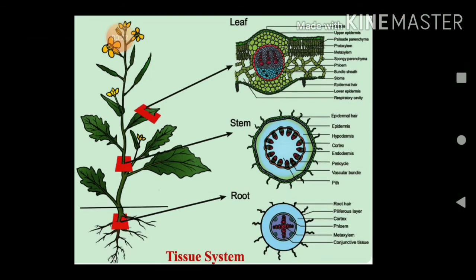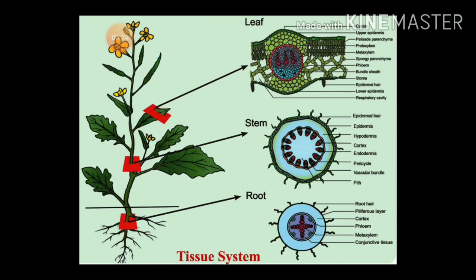And on the right side, from top to bottom, leaf, stem and root are seen in transverse section. In the leaf you can see different tissues arranged in different manner: upper and lower epidermis, then mesophyll tissue, spongy parenchyma and centrally located midrib portion.